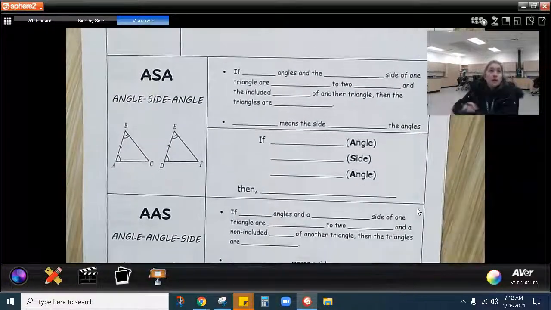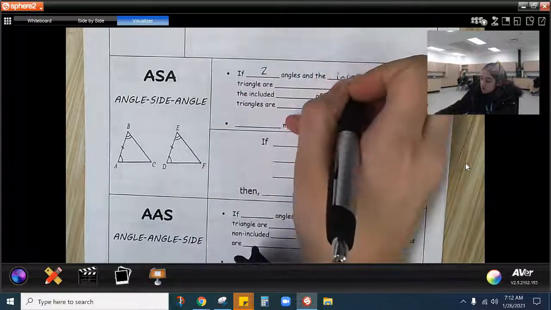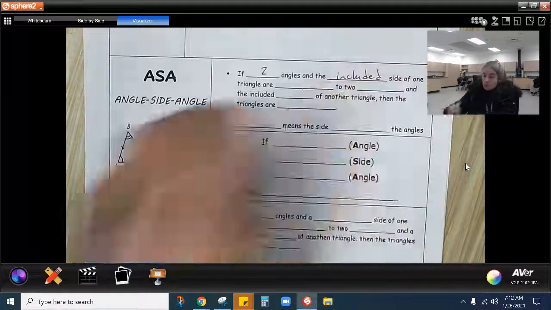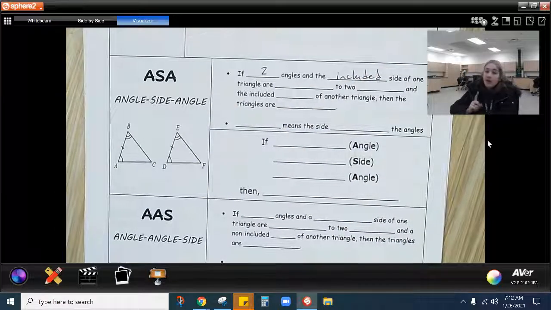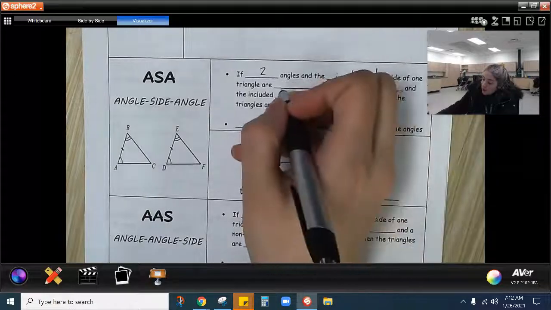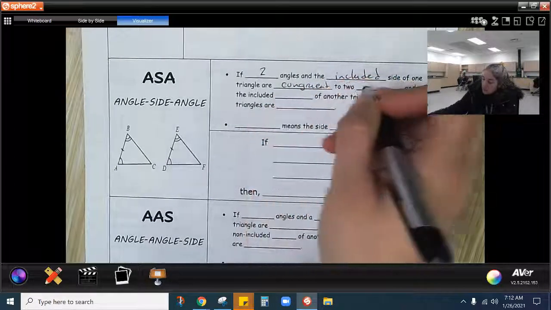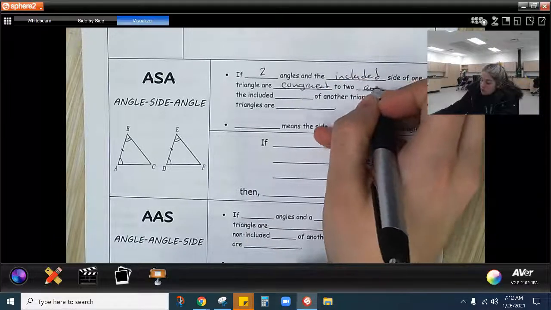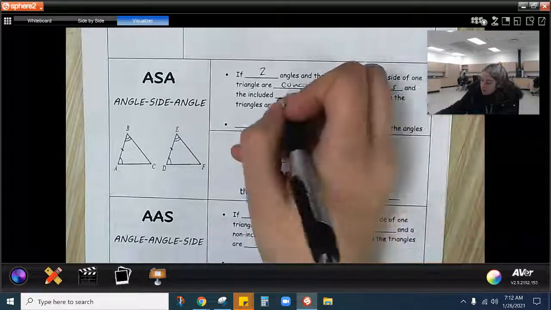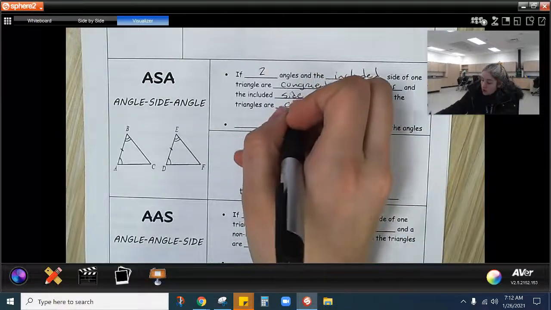Our first way right here is angle, side, angle. So if two angles and the included side, right? With side, angle, side, the angle had to be included. Now with angle, side, angle, the side has to be included. So if two angles and the included side of one triangle are congruent to two angles and the included side of another triangle, then the triangles are congruent.